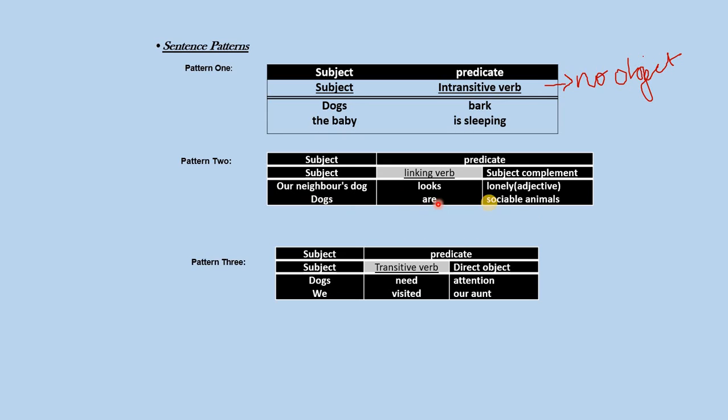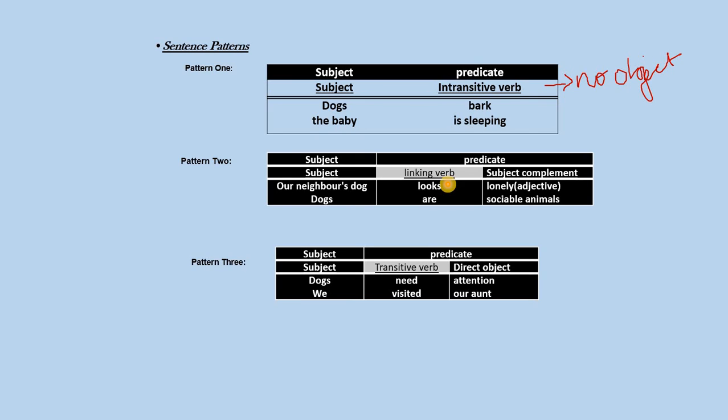Dogs are sociable animals. Here it is as if they are equal. The meaning of linking verbs is as if to make the subject and its complement equal. So the neighbor's dog is equal to loneliness.